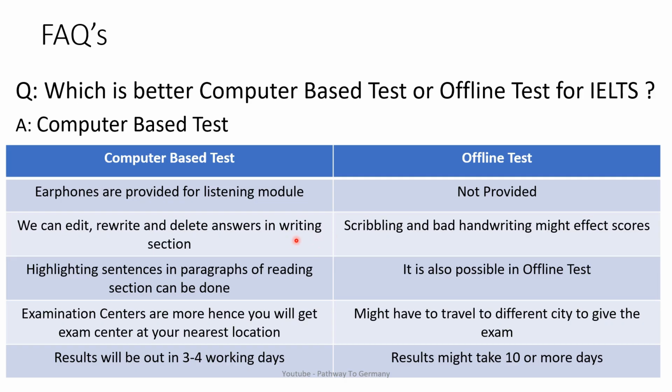You can delete what you have already written and start from scratch if something goes wrong. And if you made a wrong choice of words, you can delete it and come up with a new word. But when you're doing it in offline mode, you cannot keep scribbling on your written answer, right? So it's difficult.